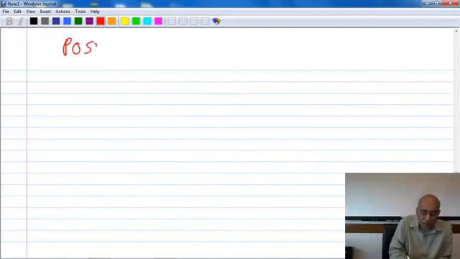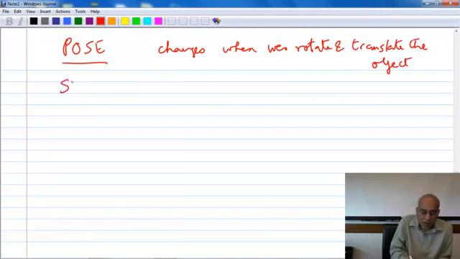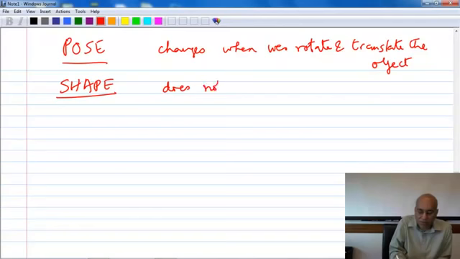Pose changes when we rotate and translate the object. Shape does not. Okay, so that motivates the study of rotations and translations.